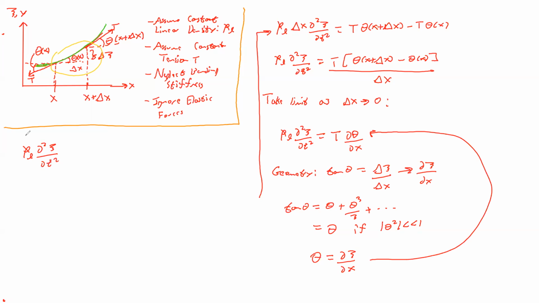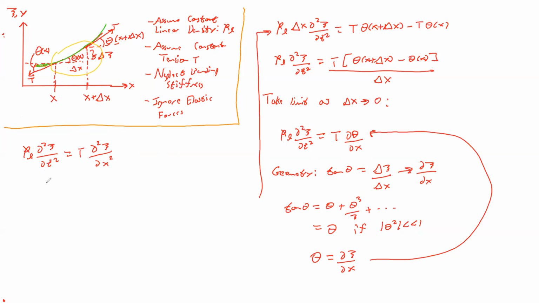It's a terrible psi. Let me fix that. Is equal to tension times, we're plugging this derivative in for theta, not for the theta derivative. So we have to retain that derivative, and we obtain the second derivative of psi with respect to x. So we're almost done.